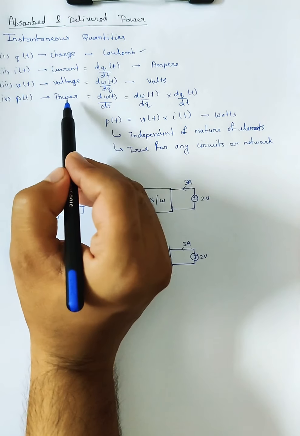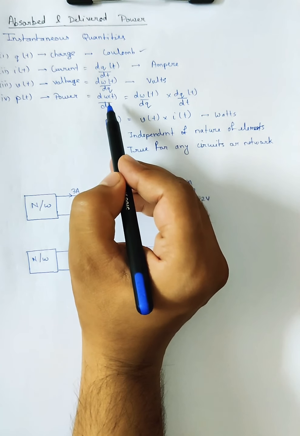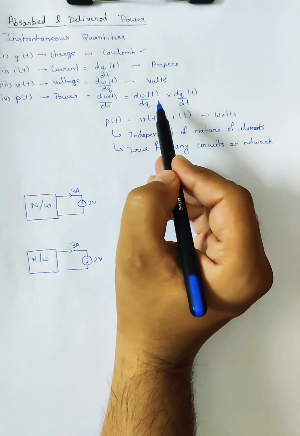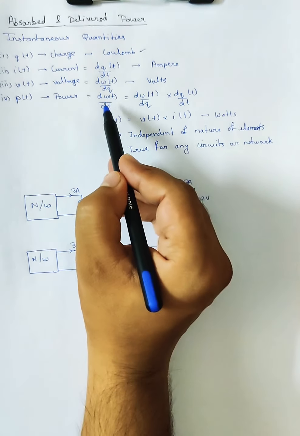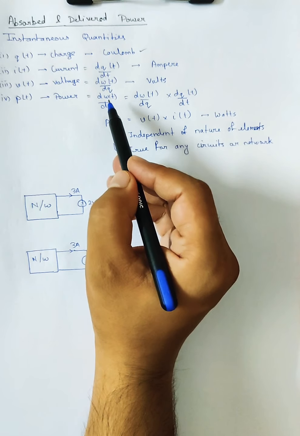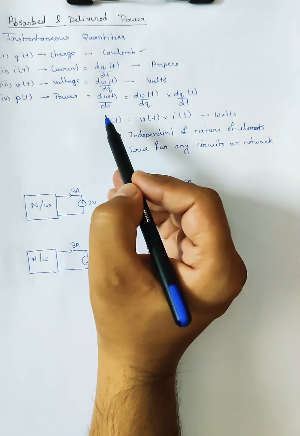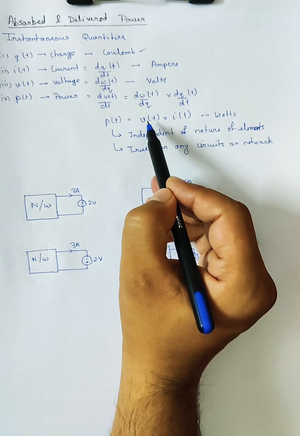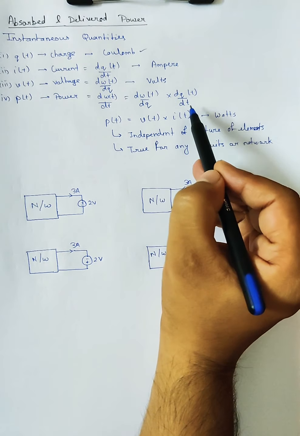Next is p(t), that is power, which is equal to dW(t) by dt, that is equal to dW(t) by dq into dq(t) by dt. dW(t) by dt means amount of work done in a unit time. Now dW(t) by dq is voltage v(t) and dq(t) by dt is current i(t).